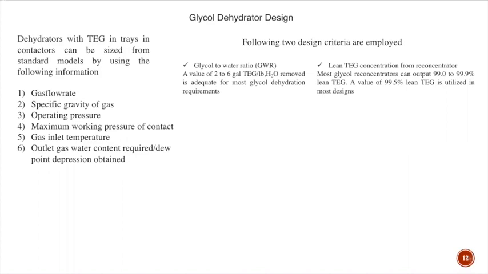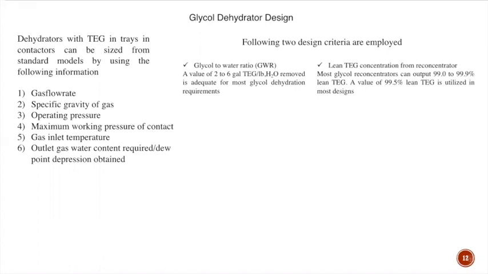Then you have the gas inlet temperature and outlet temperature, and these two temperatures determine the dew point depression that we want. So it is the dew point depression which will allow the water to separate, right? It should be in a limit such that water comes and separates out from the natural gas, right? So these two temperatures are very important: gas inlet temperature and outlet temperature.